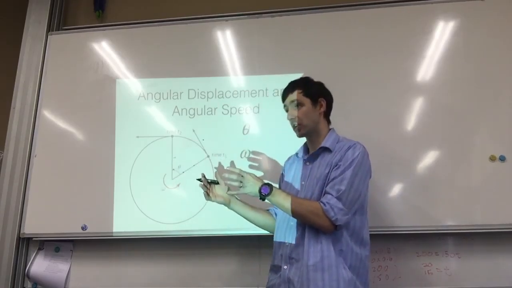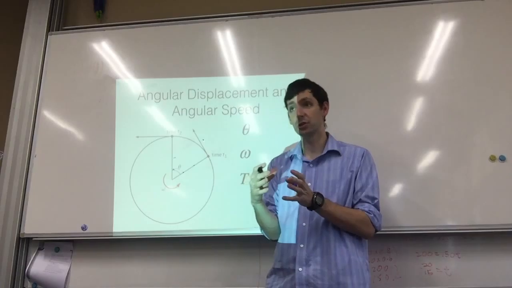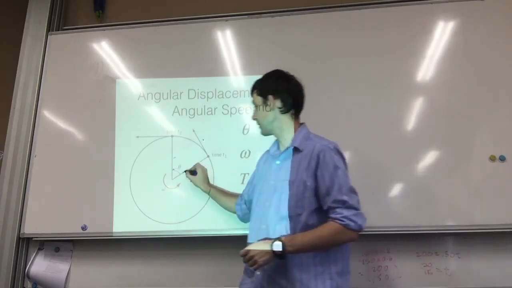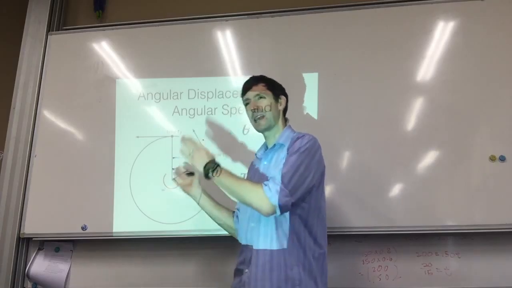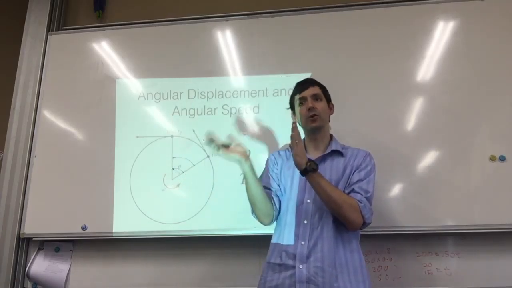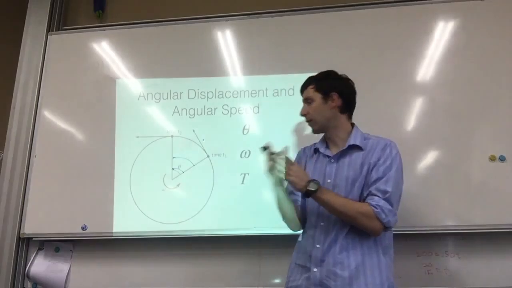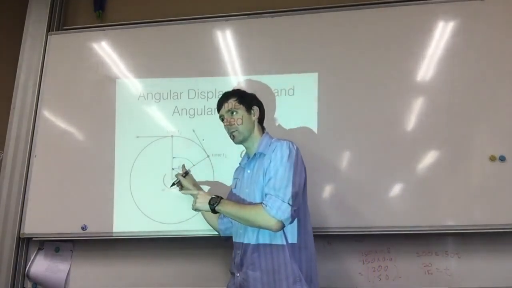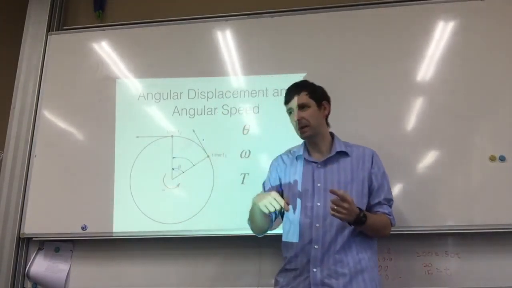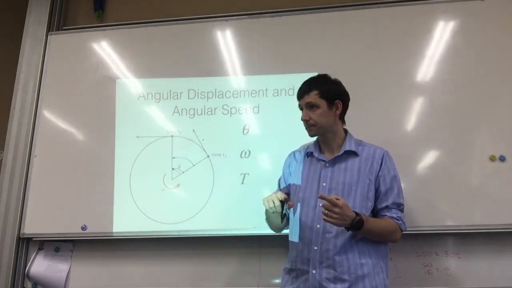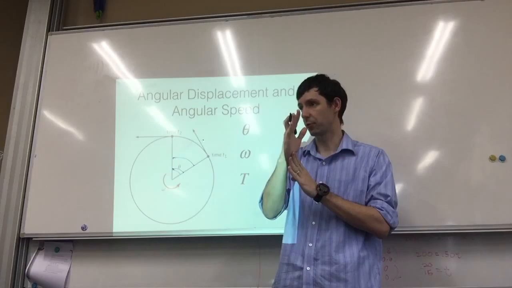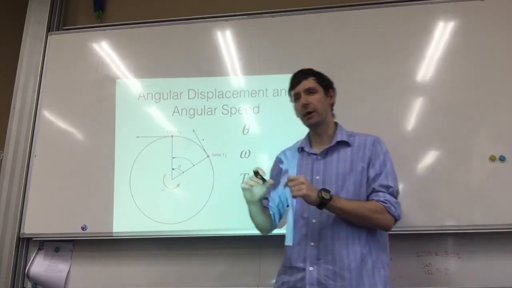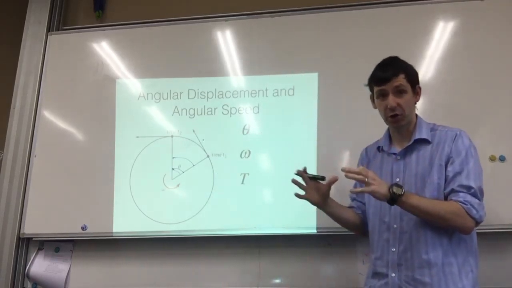But the angular displacement and the angular speed will be the same, because in the amount of time it takes to go from there to there, it covers the same angular displacement. The angle that it rotates through is the same. Now, if the angle that it rotates through is the same, then the angular speed is also the same. The angular speed being how fast it is rotating through that. Okay? So I wanted to make sure that we remembered that first.